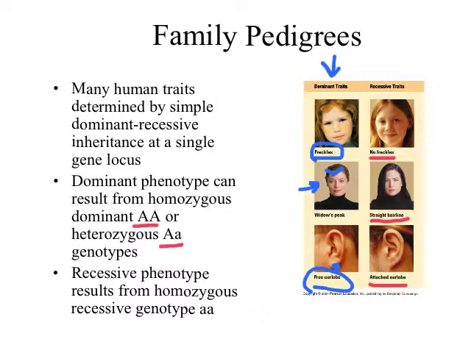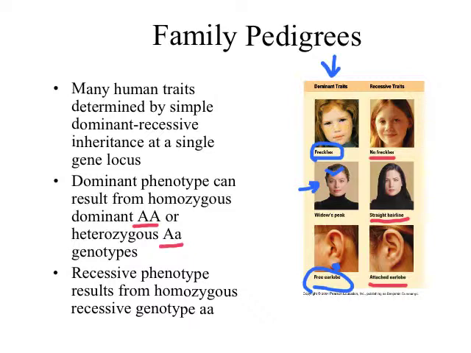So having freckles, I could be big A, big A if both my parents had freckles, or I would be big A, little a for freckles, and that's actually what I am because my dad doesn't have freckles, but my mom does. So I got the dominant from my mom, recessive from my dad, and I can actually see it in my kids. 2 out of 3 kids don't have freckles. So there you go.